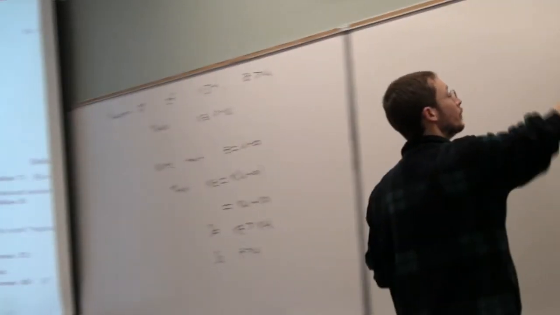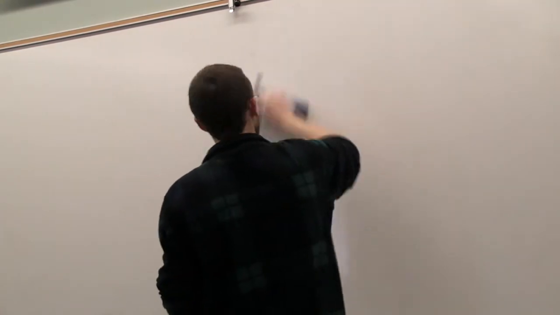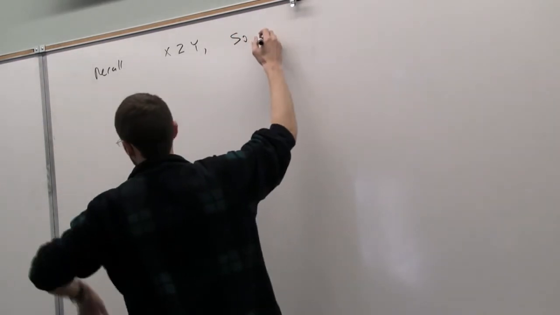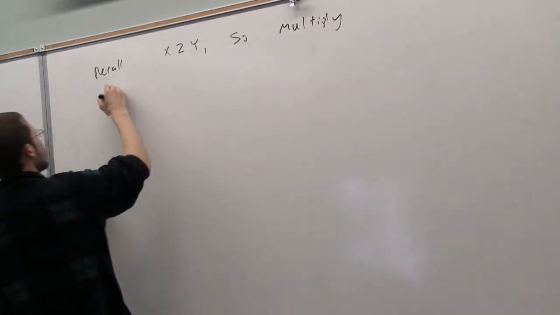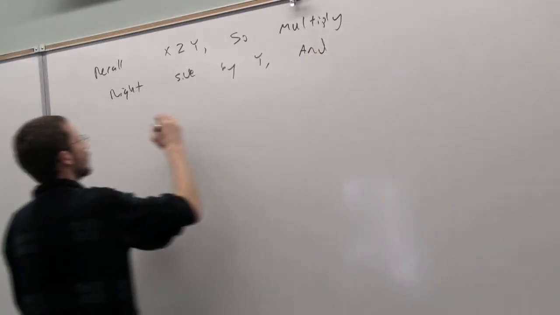From here, let's recall that x was at least y. So what we'll do is multiply the right-hand side by y and the left side by x.